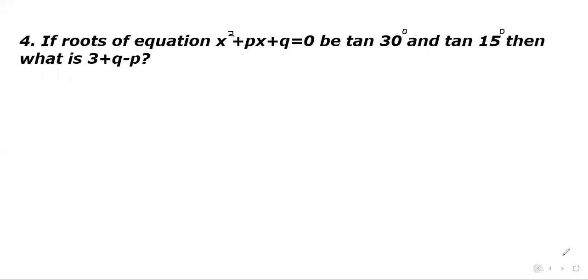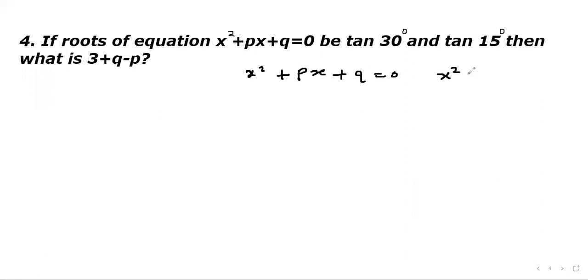So, question number 4 says, if roots of equation x square plus px plus q equal to 0 be tan 30 degree and tan 15 degree, then what is 3 plus q minus p? So, here x square plus px plus q equal to 0.